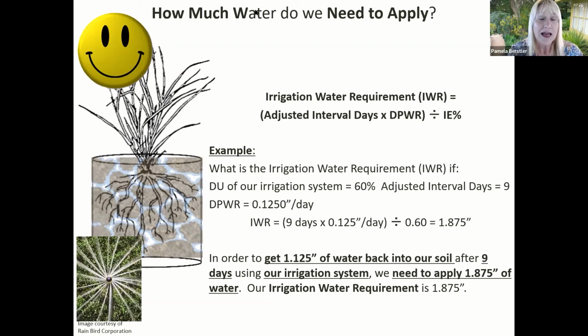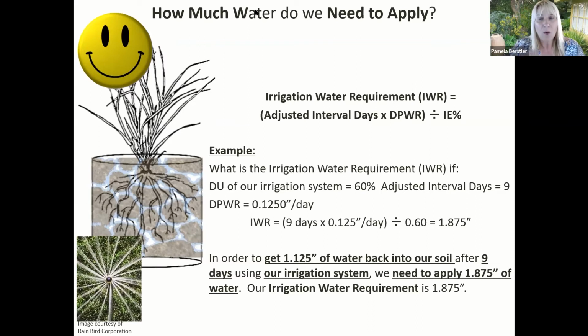When we adjust for an irrigation system, we are dividing by irrigation efficiency because we're always going to have to apply more water to the landscape in order to get the amount we actually need on the landscape. We're doing it through an irrigation system, and that irrigation system has some amount of efficiency, and it's less efficient than 100%.